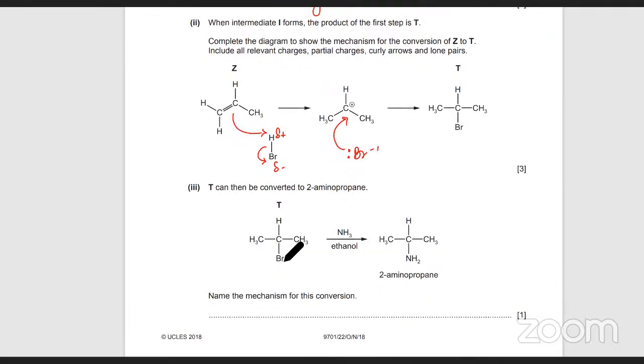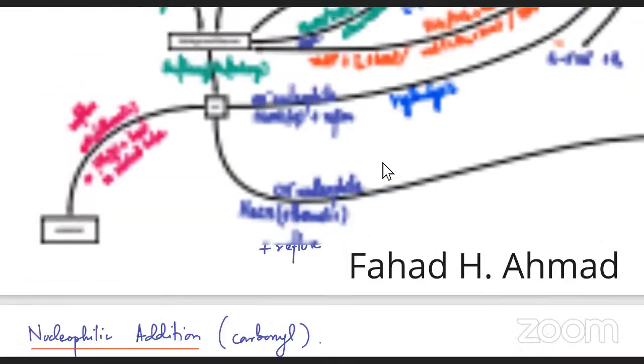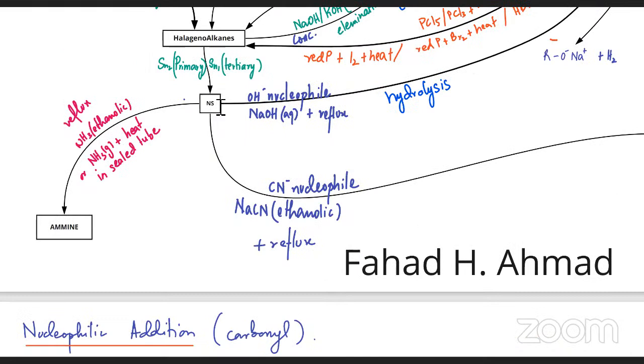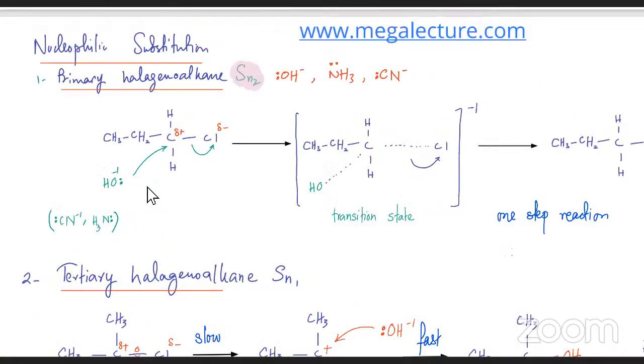What is the mechanism whenever a halogenoalkane reacts? Nucleophilic substitution. So remember, all halogenoalkane reactions are nucleophilic substitution reactions, with OH minus, Cl minus, or NH3, the three nucleophiles that react with it. So what is the mechanism?